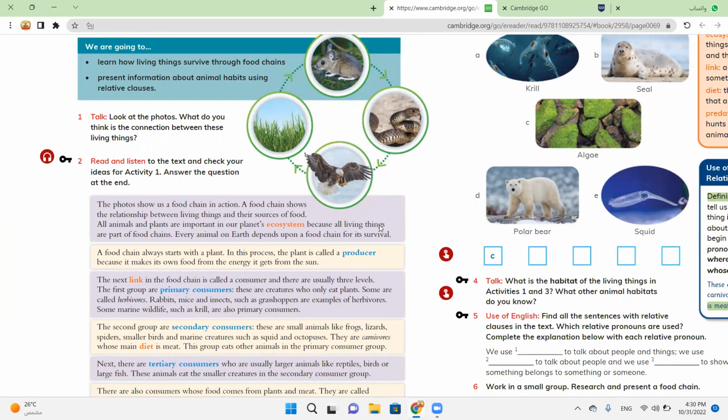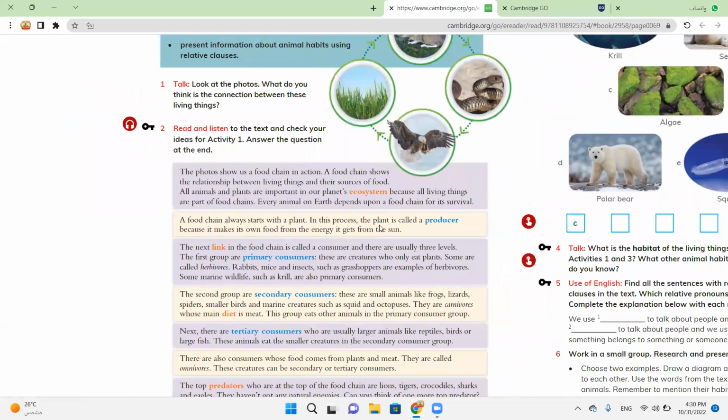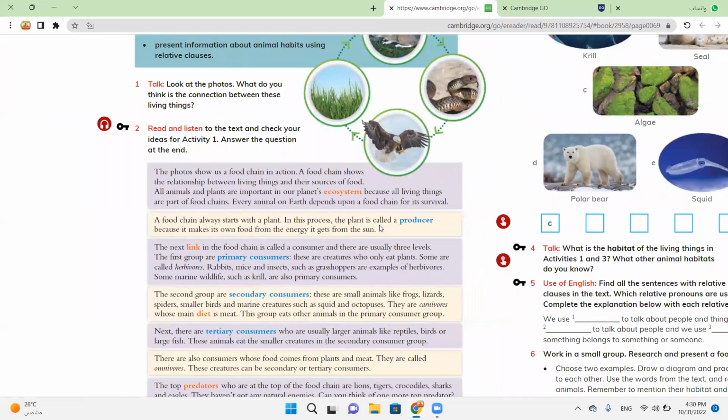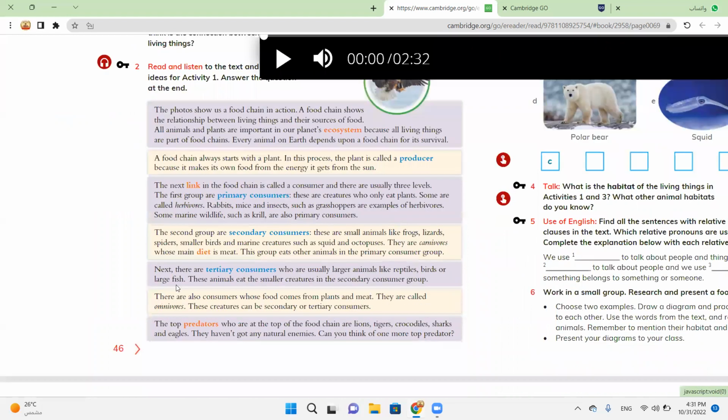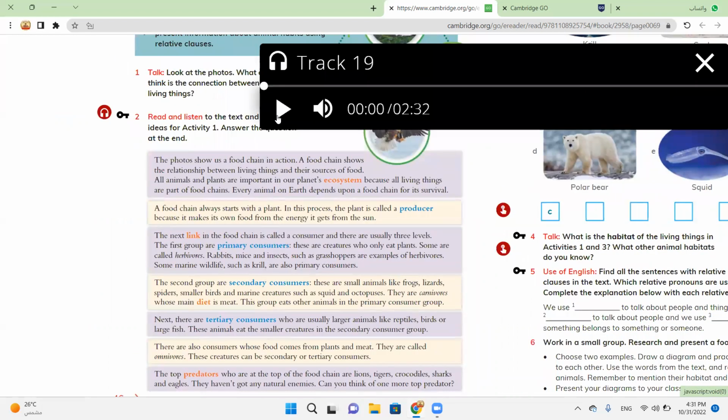Okay, so by reading activity 2 we will read and listen to the context and check the ideas in activity 1. So the idea is how can the animals survive, how does the food chain keep continuing. So listen together to the audio while reading the paragraphs in activity 2.